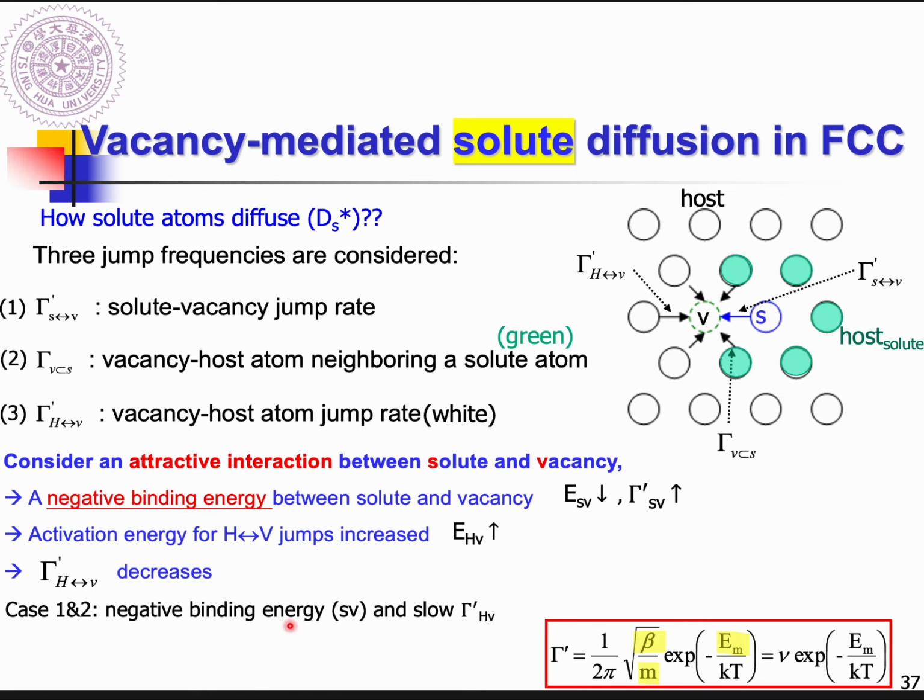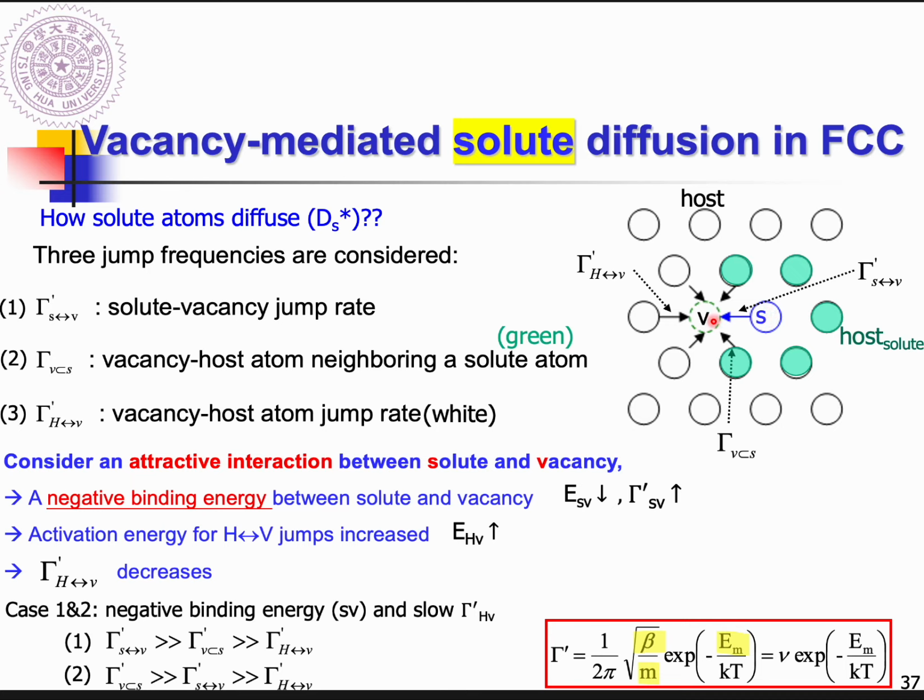The first one, the same one actually, is the gamma prime between the host atom and vacancy is the smallest one. Because the energy is higher, so the gamma prime is lowest. But we still have the other two gamma primes, right?